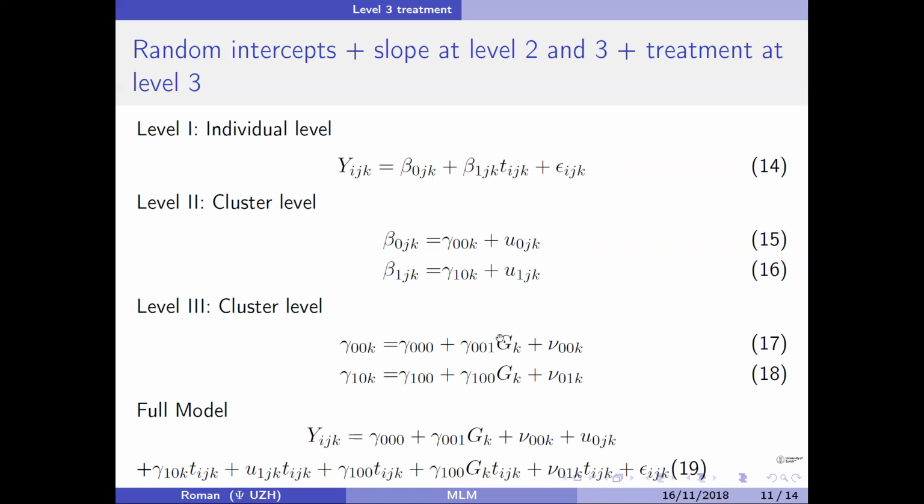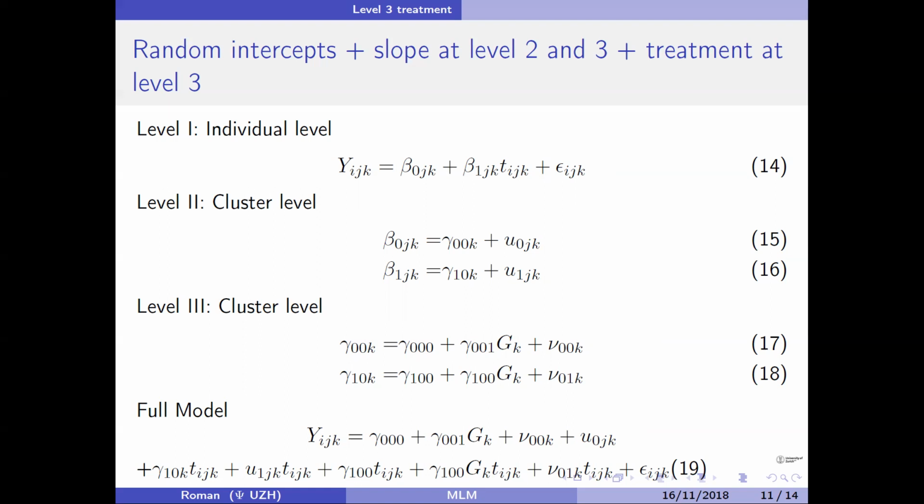It also explains the level 2 intercept, gamma 00k, which is explaining the level 1 slope intercept down here, okay? So what we're saying is we are allowing the intercept and slope at level 2 and subsequently level 1 to vary as a function of the treatment effect.